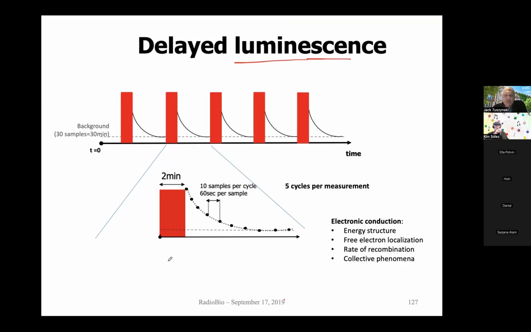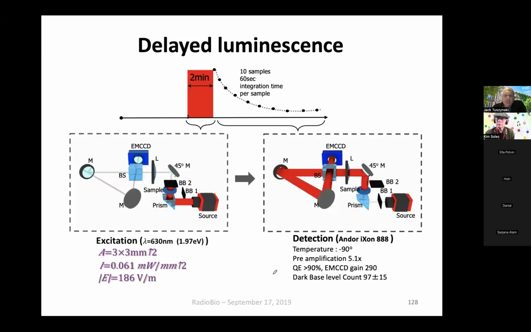This is the example of delayed luminescence that was studied by the group of Professor Dogariou. Namely, you shine or illuminate microtubules in a sample in solution over a period of 2 minutes, and then you observe the re-emitted light, or photons, from the system and see how long it lasts.